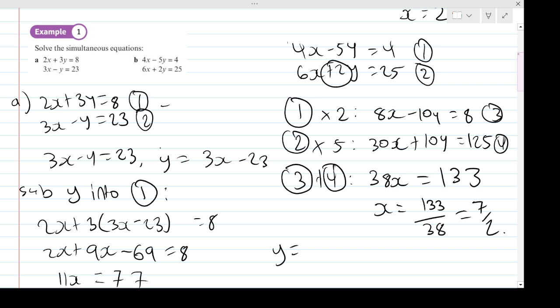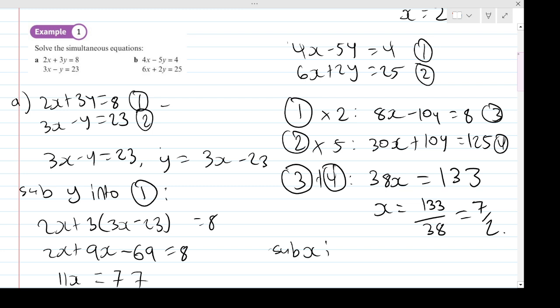Any equation, to then find y. Let's substitute it into equation 1, because it's smaller. Actually, no, let's do equation 2, because it's 2y, and I have 7 over 2 that I can cancel the fraction down. It doesn't really matter. I'm just thinking of what's best. Anyway, I'm going to substitute into equation 2.